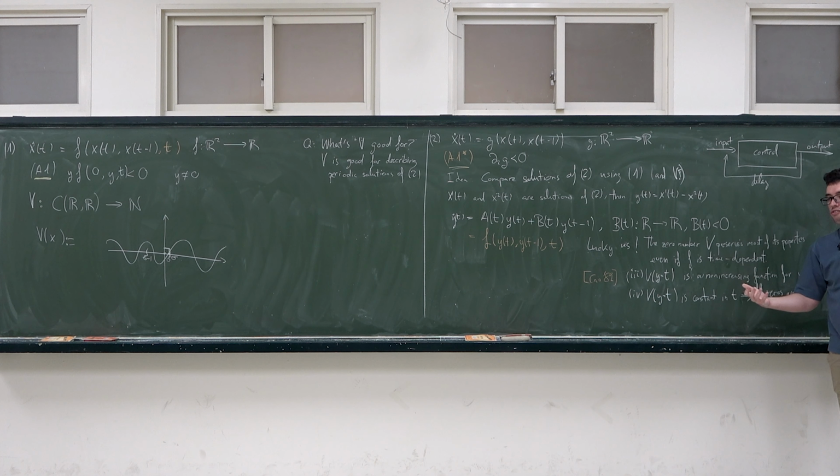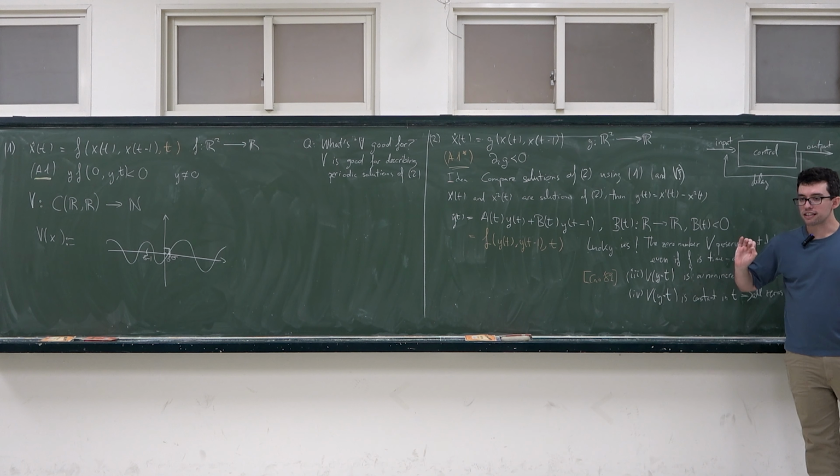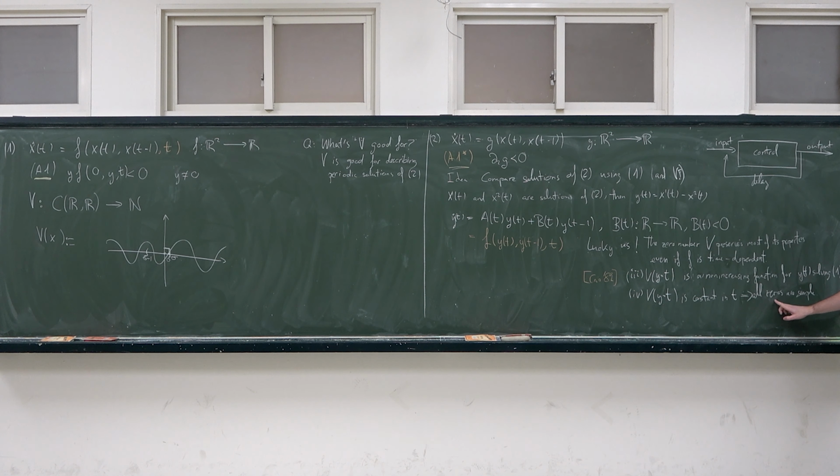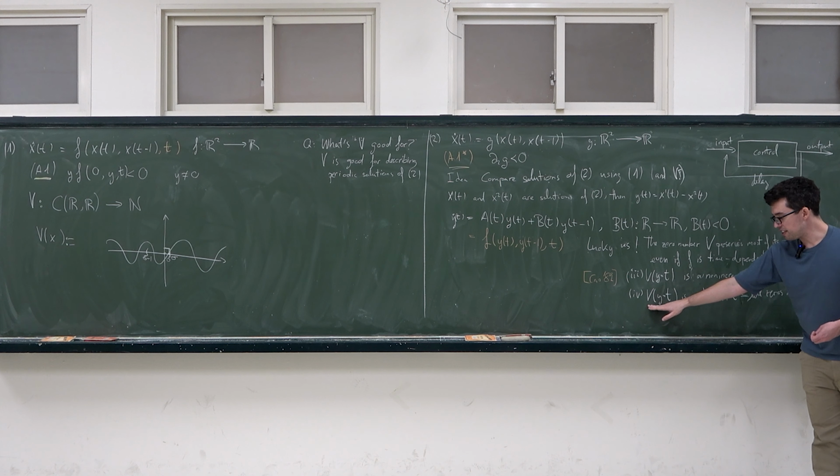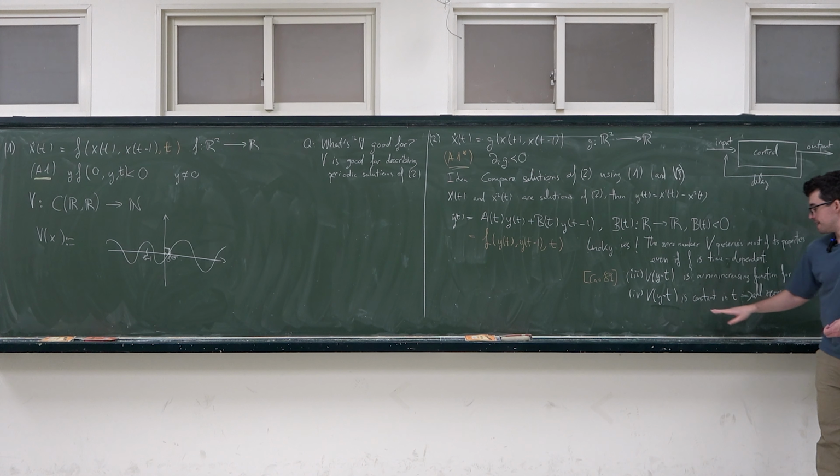So it's a Lyapunov function, but with discrete values. And that it drops strictly, provided that we have double zeros or multiple zeros.